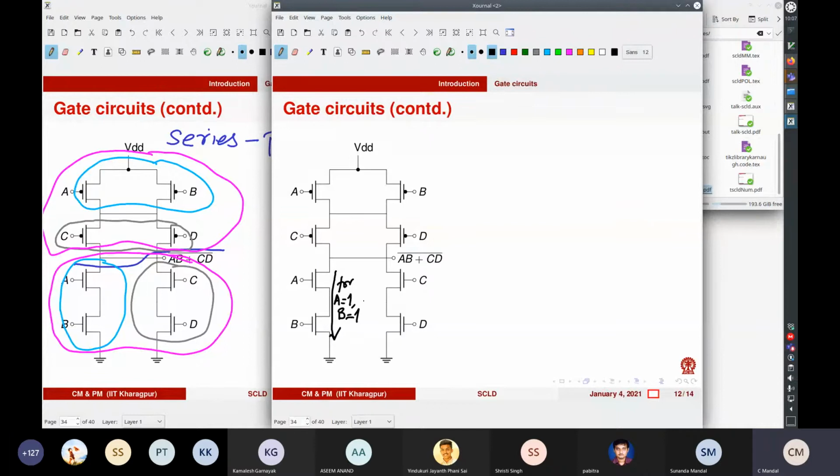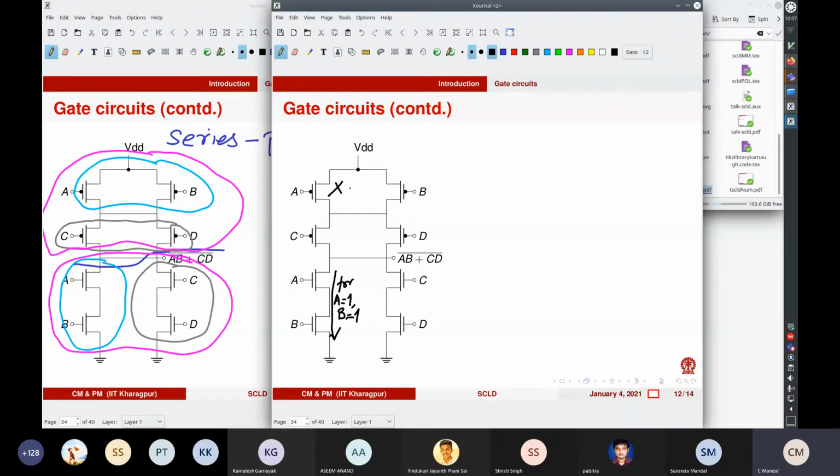So if A and B are high, you would expect the output to go low, right? And you got to check that if A and B are high, you don't have a path from VDD to this place. That's why you have the series parallel dual. So you can see that if A and B are high, this is, you can say, cutoff.